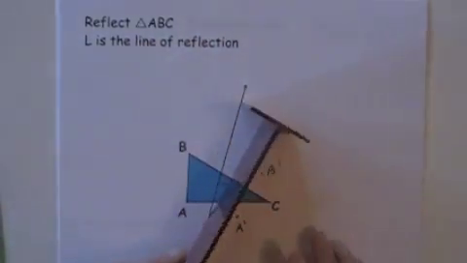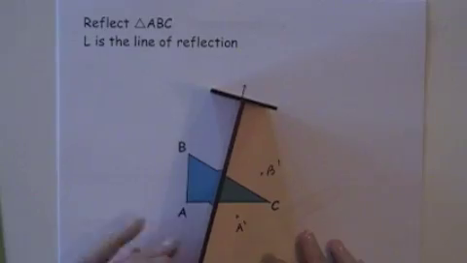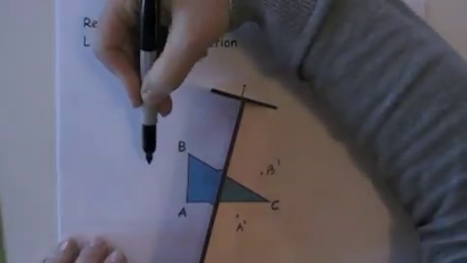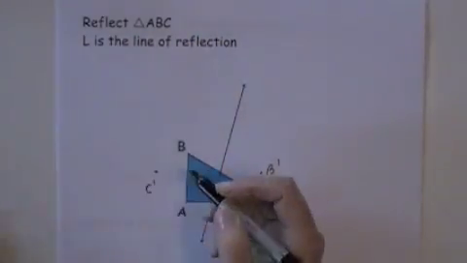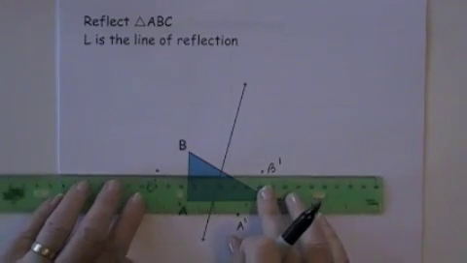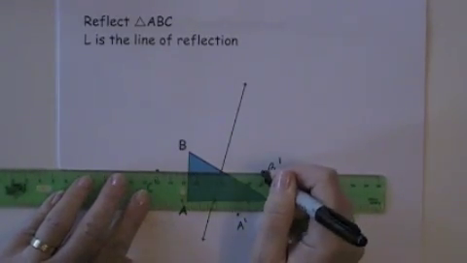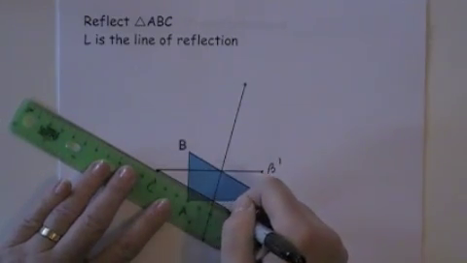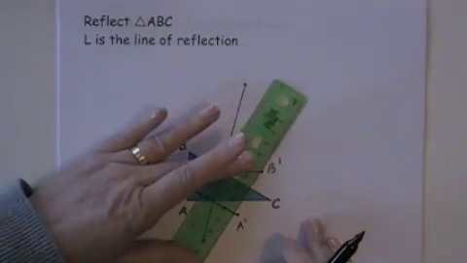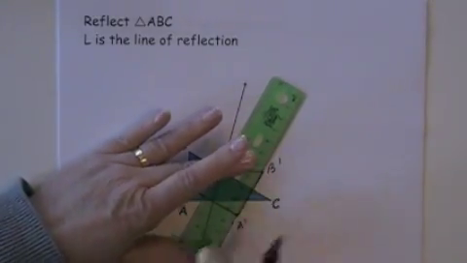And then turning the reflector around and looking in it the other way, I'm going to reach around and mark this point over here, C prime. And then I'll connect those 3 points. And we've reflected that triangle around that line of reflection.